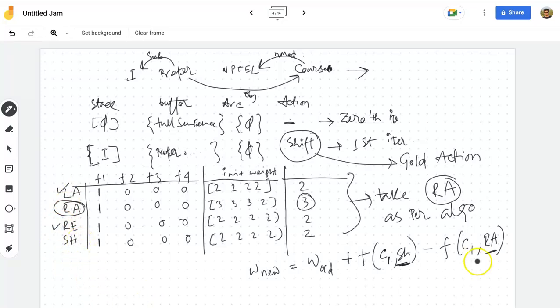So let's do it. If you write all the weights sequentially, it will be here.